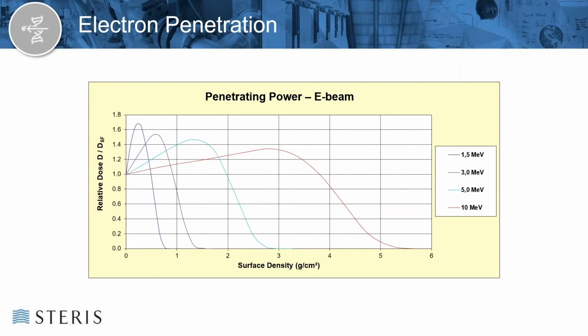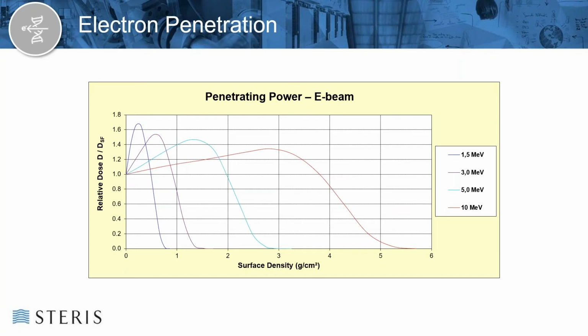Consider that as fairly analogous to depth, penetration depth within a material in terms of centimeters. Grams per centimeter squared is just another way of looking at that same property. It's a density independent way of looking at that property. And so it's a common way to plot this sort of data.